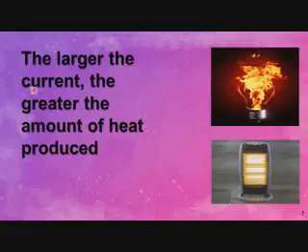According to the amount of current, the production of heat in different appliances is different.